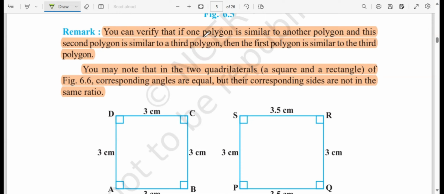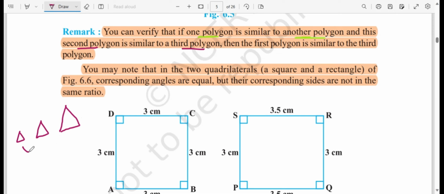There is a note which we need to understand: if one polygon is similar to another polygon, and the second polygon is similar to a third, let us assume triangles, the first triangle, the second triangle, and a third triangle.